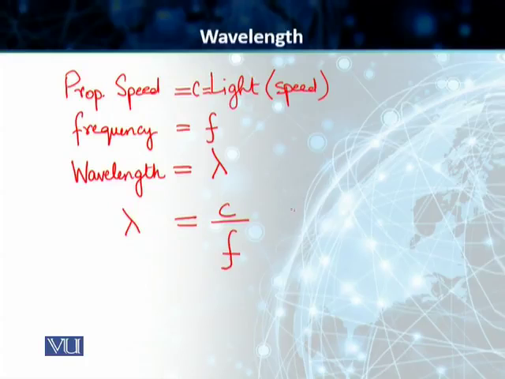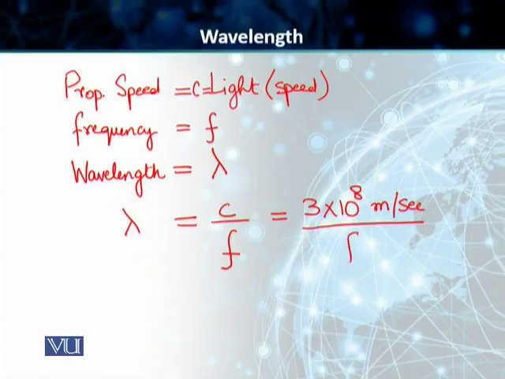Given that this c is constant, the speed of light is 3 into 10 raised to the power 8 meters per second. If you've got frequency, divide the speed of light by the frequency given and you can find the wavelength.